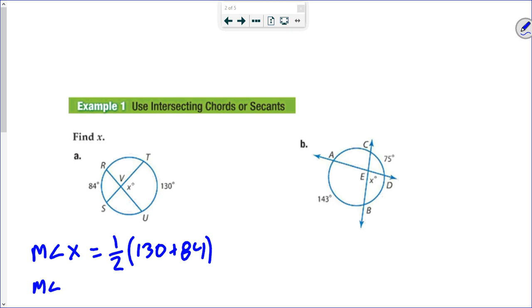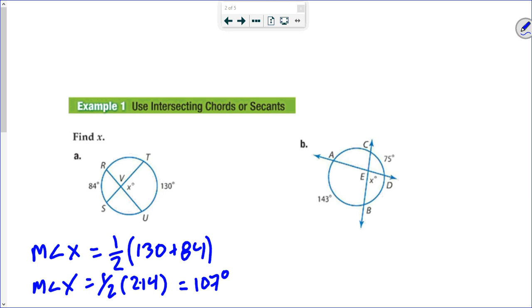The measure of angle x is equal to 1/2 of 214, so that is 107 degrees.